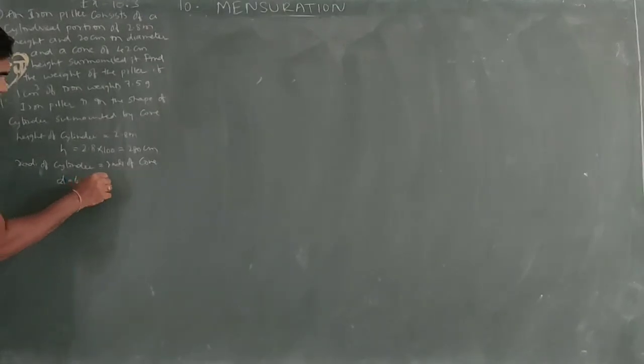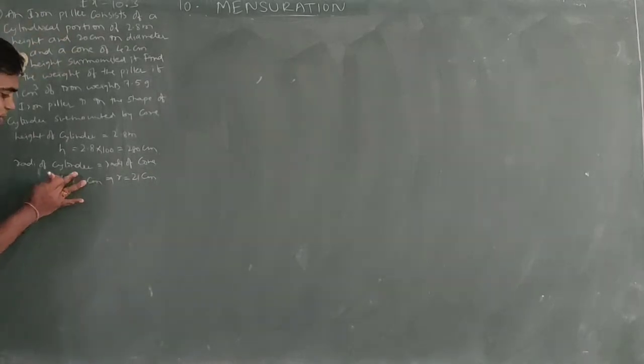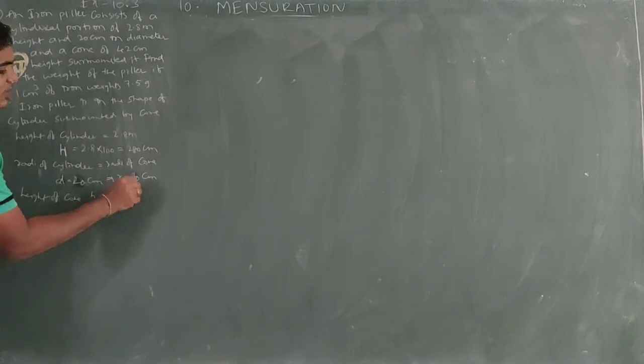Oh wait, the diameter is 20 centimeters, not 42, so 10 centimeters is the radius. Next, a cone of 42 centimeters height. Actually I am taking the capital H as the height of the cylinder, and the height of the cone, small h, equals 42 centimeters. Okay, so I want to find out the weight.